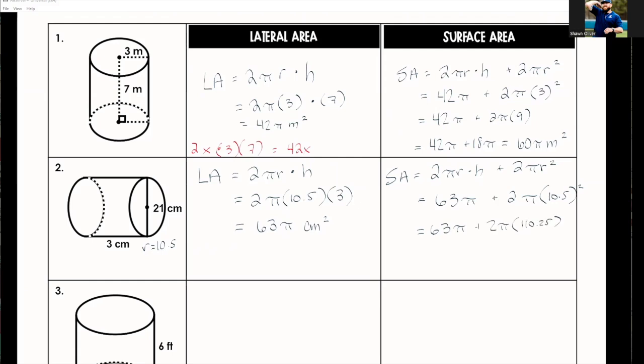Times 2, 220.5. And when we add that to 63, 283.5 pi. Centimeters squared. Remember, leave it in terms of pi, treat pi like a variable, just bring it down with you.